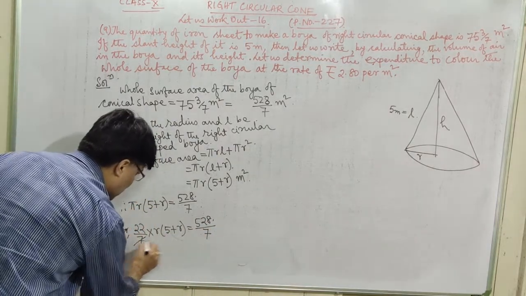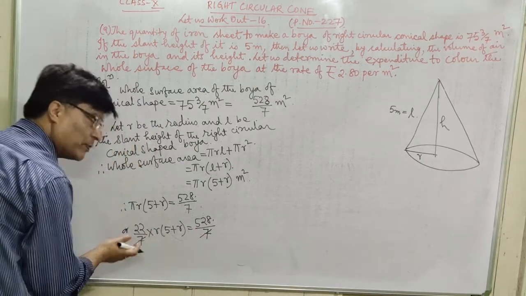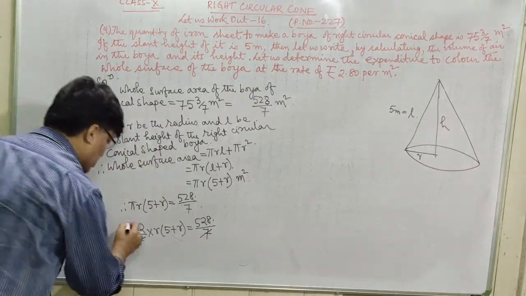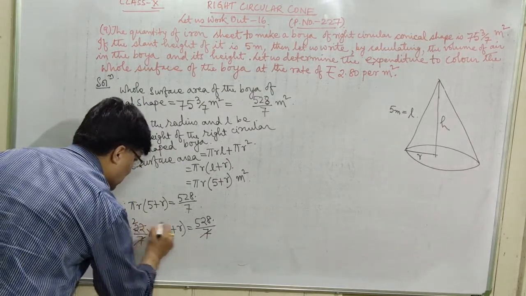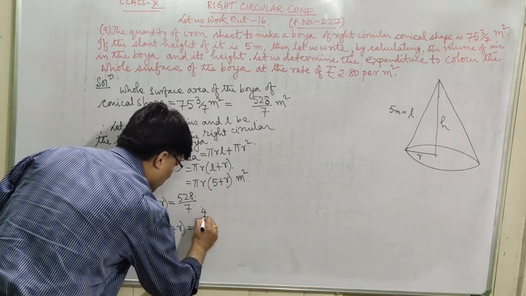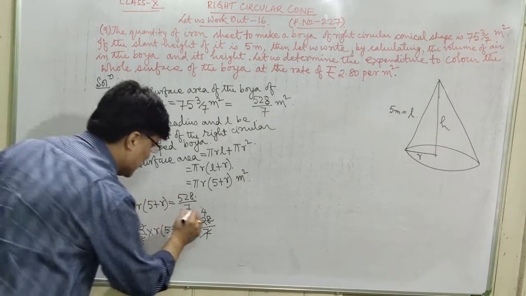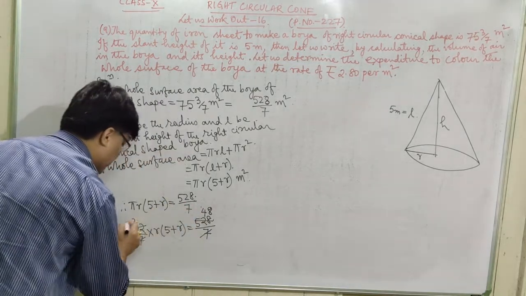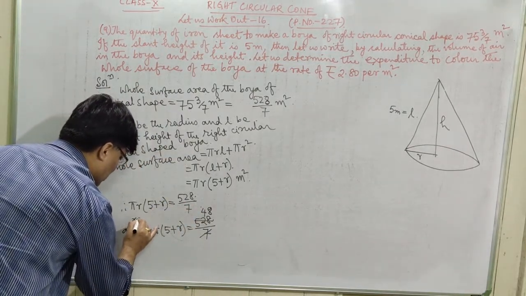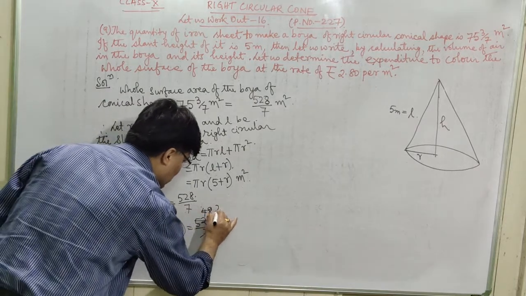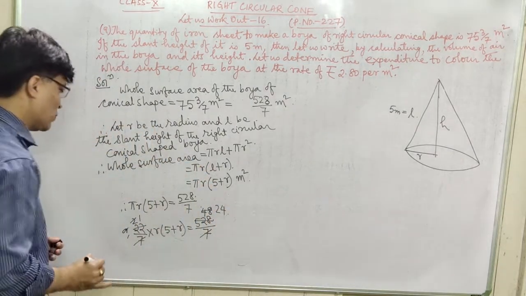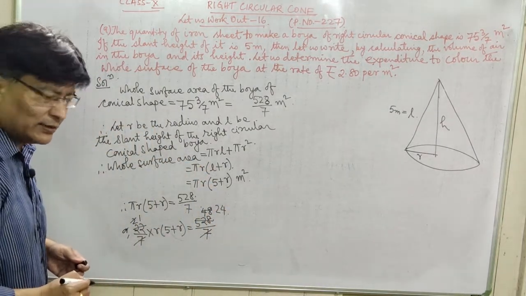So here you can cancel this denominator. You can cancel the numerators also. 11 2s are 22, 11 4s are 44, 52 minus 44 is 8, 11 8s are 88. Again you can cancel it by 2, 2 1s are 2, 2 2s are 4, 2 4s are 8. That is 24. Is that clear?